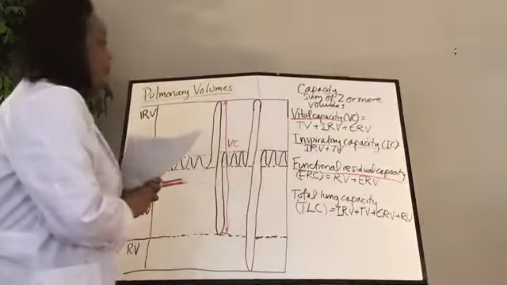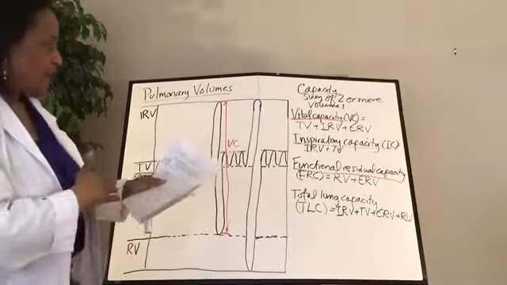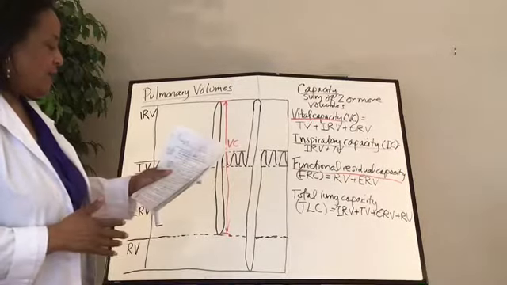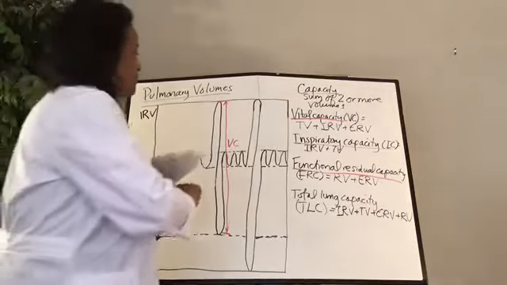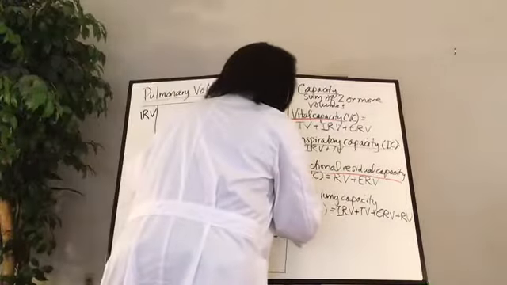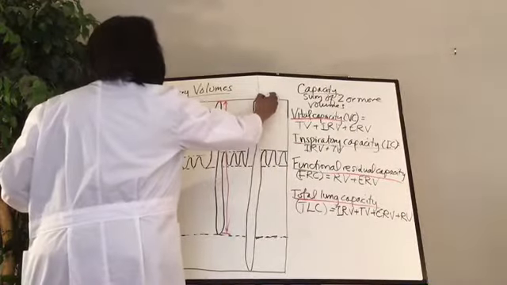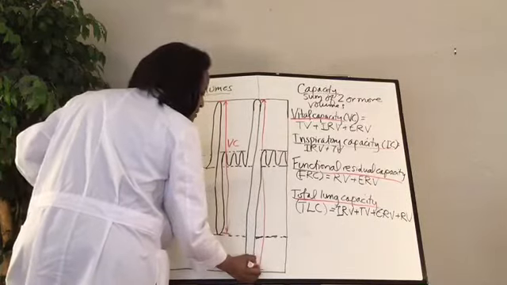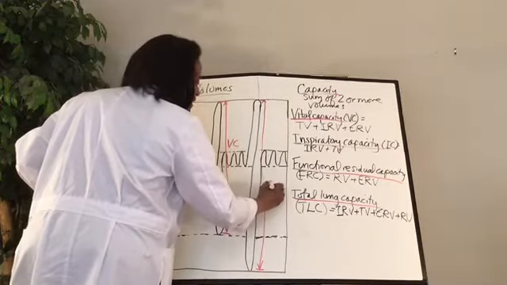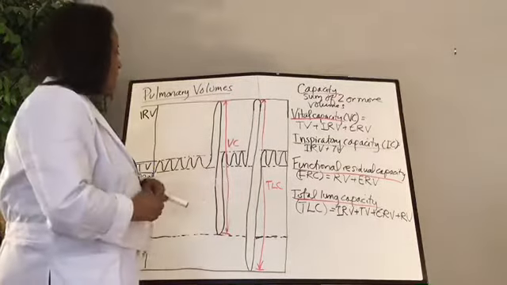That is the maximum amount of air that a lung can hold, right? This is the total volume of air that a lung can hold. So that would be from here all the way to here. TLC, total lung capacity, right?